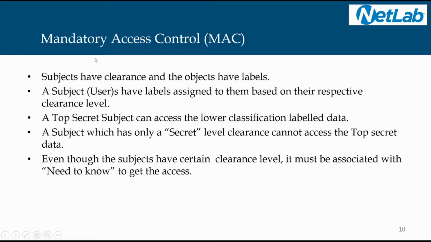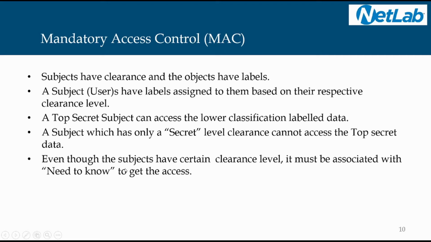The subject has clearance and the object has labels. A subject or the user has labels assigned to them based on their respective clearance level. A top secret subject can access the lower classification labeled data. That means a top secret can access secret or confidential. A subject which has a secret level clearance cannot access the top secret data.